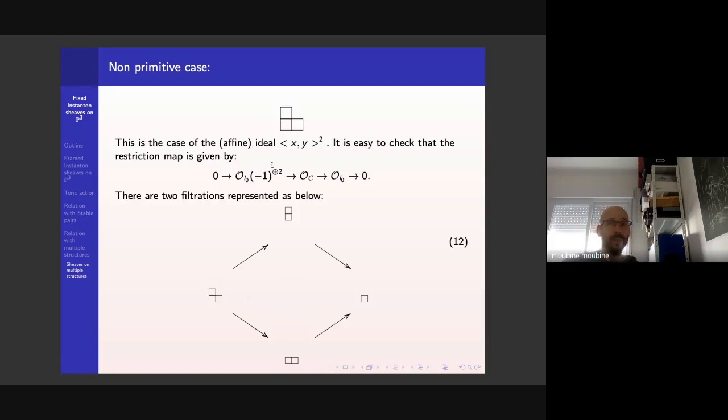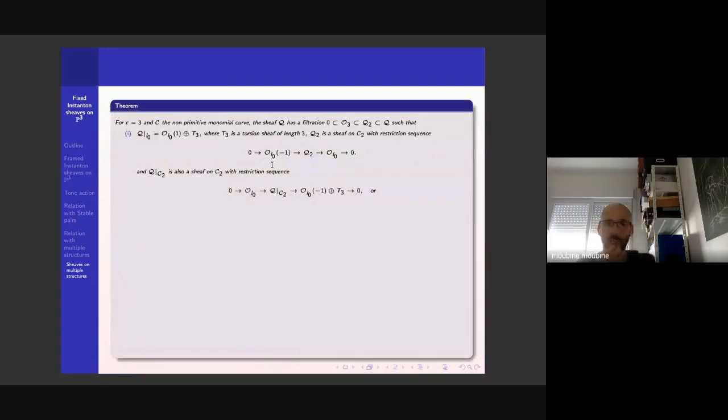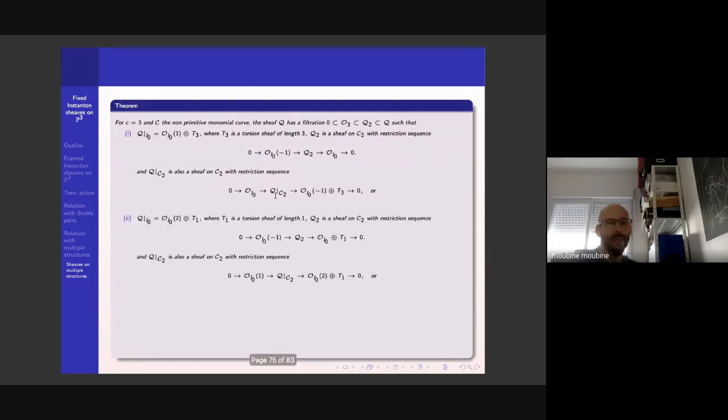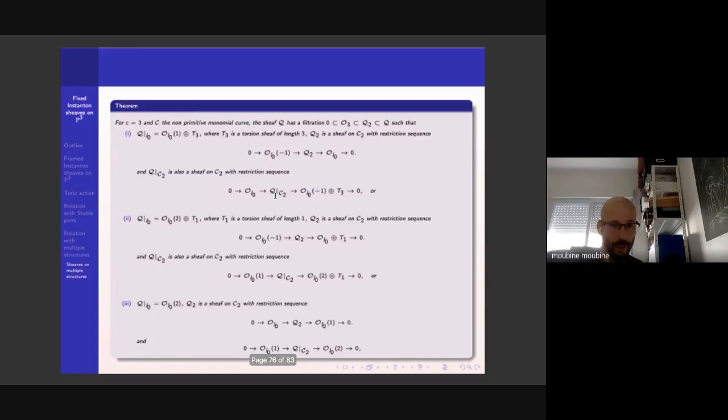And for this one, we can have 3 other cases. So we have one sheaf which restricts to OL1 plus a torsion sheaf of length 3, with the filtration given by these exact sequences, or the restriction to this simple line is given by OL2 plus a torsion of length 1, or another case where this is quasi-locally free, so all the terms of the graded object are locally free on the simple curve.